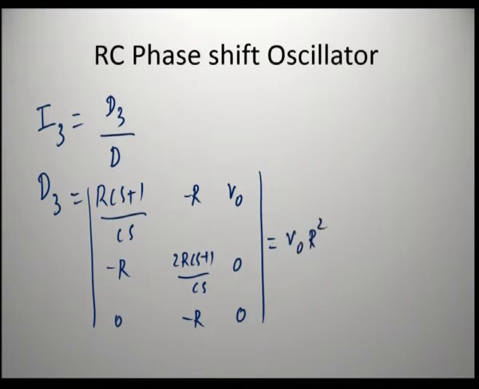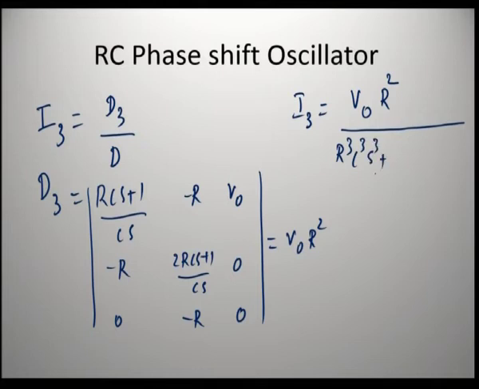So, what is I3? By doing D3 by D, D3 is V naught R square, divided by D, which is R cube C cube S cube plus 6 R square C square S square plus 5 RCS plus 1, divided by C cube S cube, which goes to the numerator. So, this is I3.